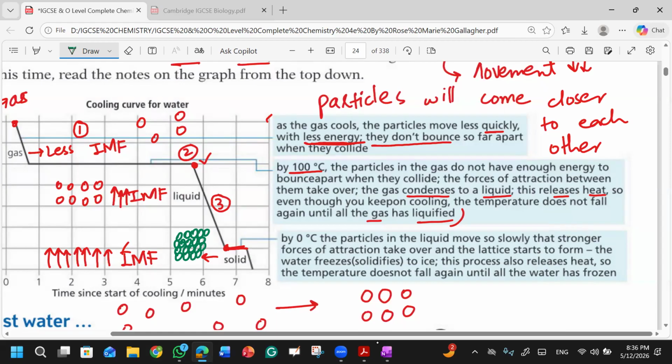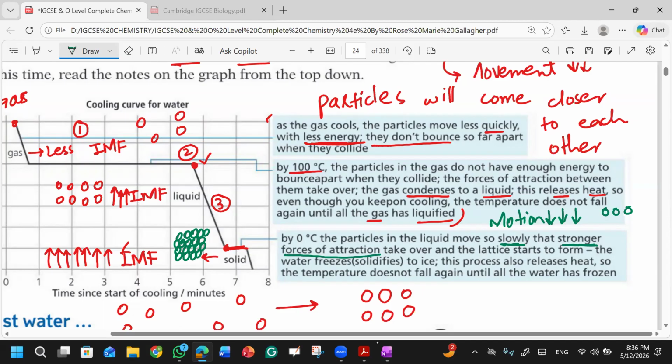So at 0 degrees, what they are saying is that the particles in the liquid will move so slowly. Their motion will further decrease. What will happen when the motion decreases? The particles will be closer to each other. They will have stronger forces of attraction, stronger intermolecular forces.